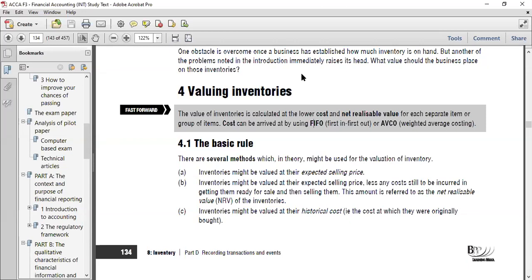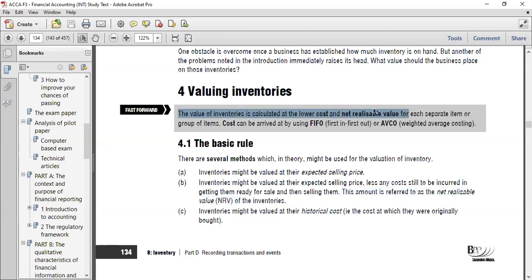And then of course, we can value inventory at the expected selling price, less costs to be incurred in getting them ready for sale and then selling them. This term is what we regard as the NRV, the net realizable value, which the standard speaks about here.